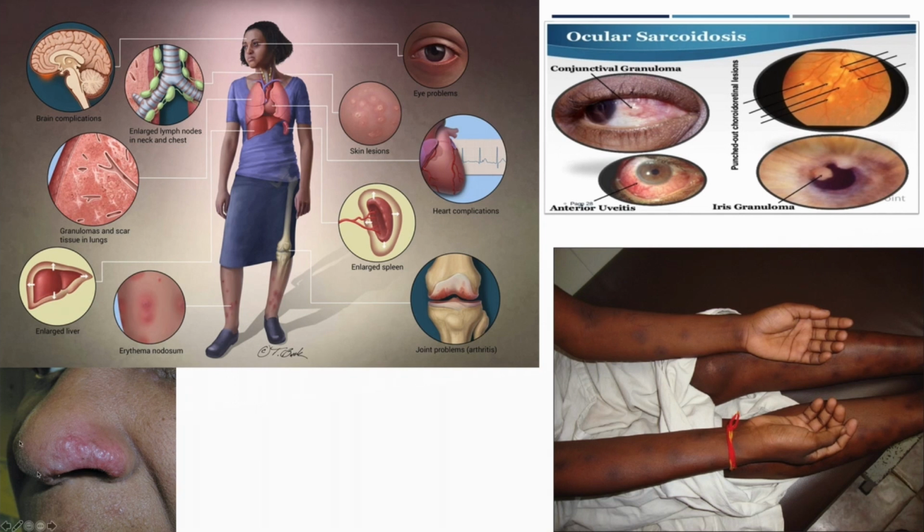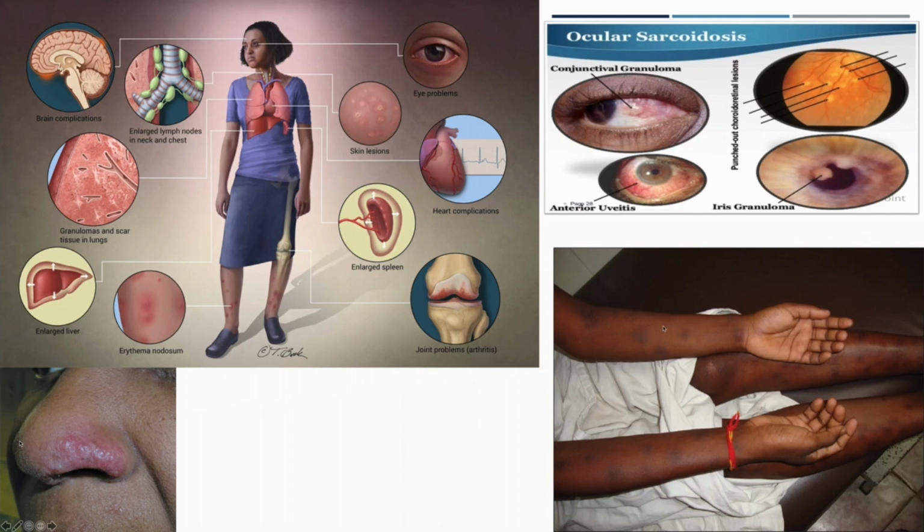So here's a slide that shows us some of the other manifestations that happen with sarcoidosis. This is lupus pernio. It is a poor indicator. If patients have this, they generally have more advanced disease. Whereas erythema nodosum is usually on the flexor and extensor surfaces of the forearms and the extensor surface of the lower legs.